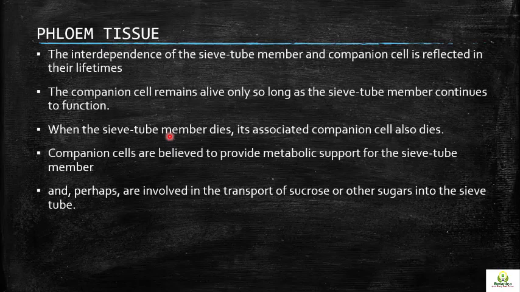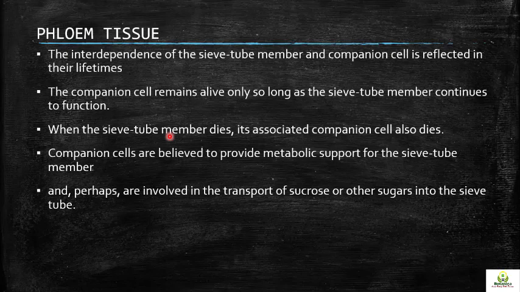So the interdependence of the sieve tube members and companion cells is reflected in their lifetime. As we have discussed before, the companion cell will be alive only so long as the sieve tube members continue to function. When the sieve tube members die, the associated companion cells also die.